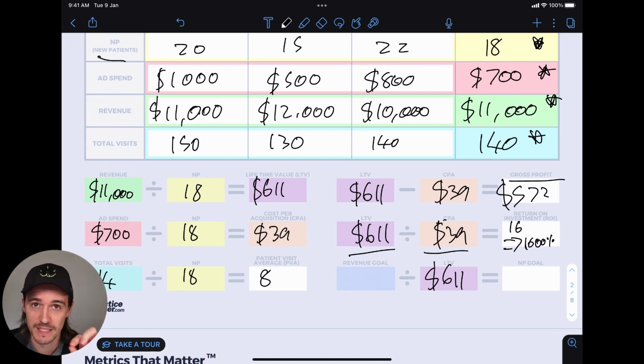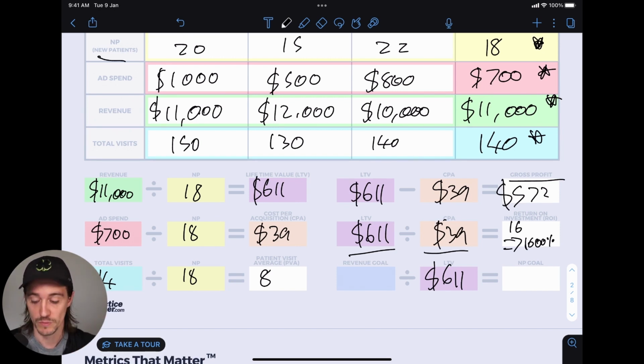What investment can you make with such predictability that you can generate a 3 to 5 times return, or a 300 to 500% return? There's nothing, unless you're buying some crazy cryptocurrency that's probably going to crash and there's no certainty to it. You can't make that decision. I can't take $39 and produce $611 in anything else except my business, when I know my numbers.